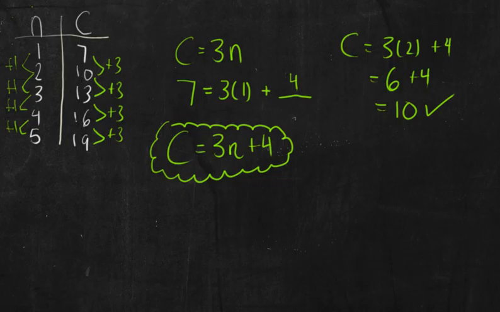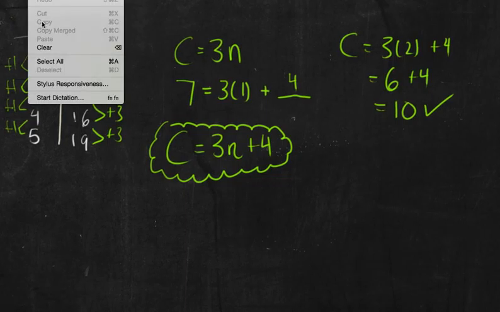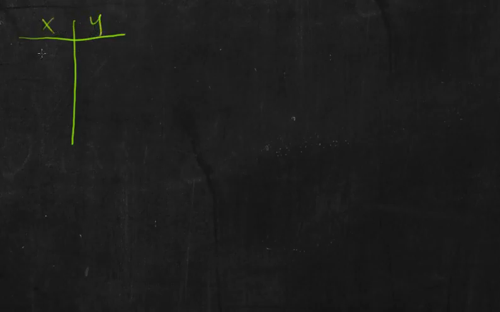Let me just try another one. Let me just clear this off. And let me just make one up real quick here. So again, I'll use x and y this time. So I have 1, 2, 3, 4, 5. So this guy is going up by 1 each time, just like that.